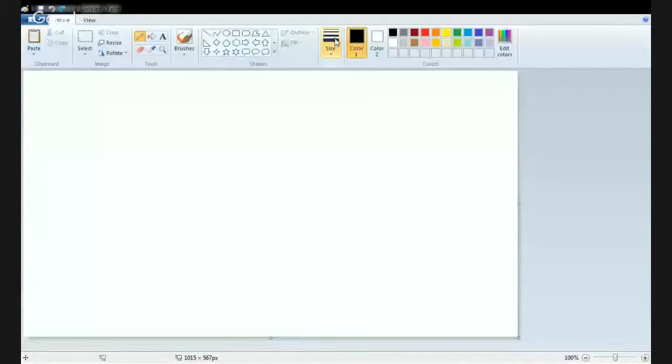So here I have opened Paint, and this is the retina, and the rays of light are focused behind the retina like this.